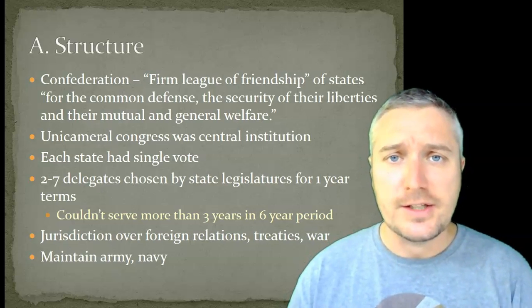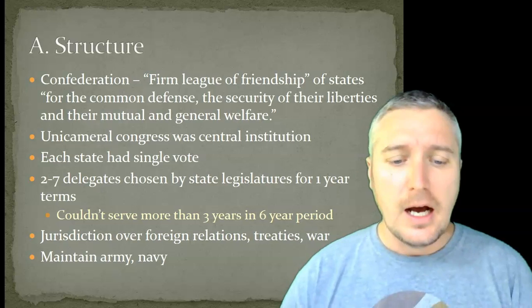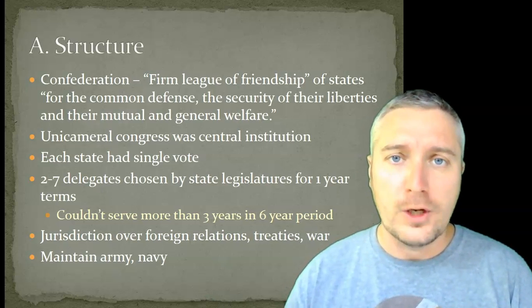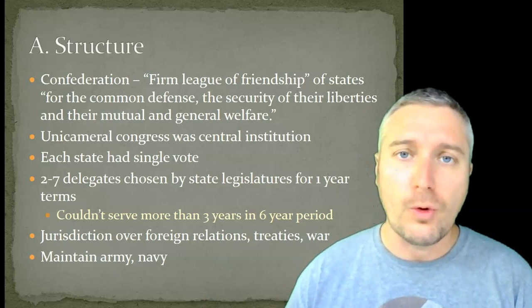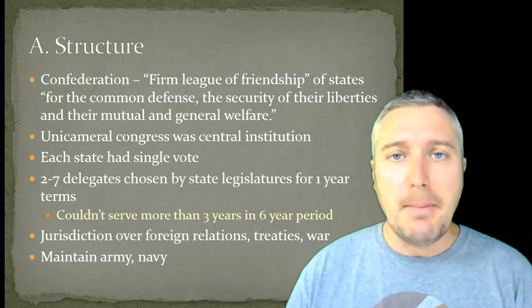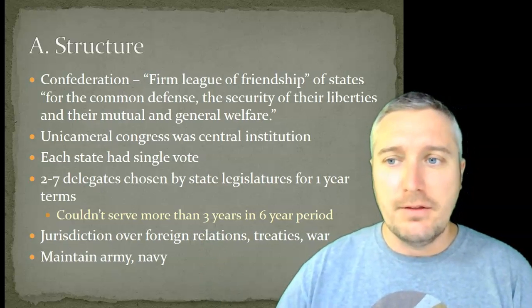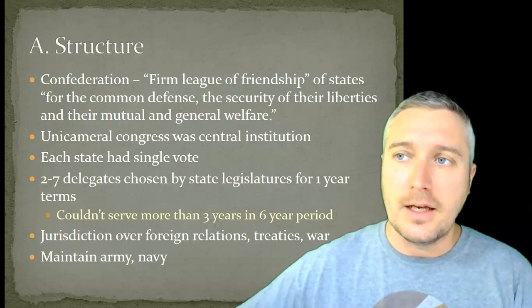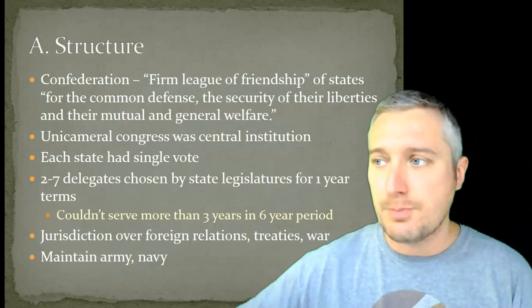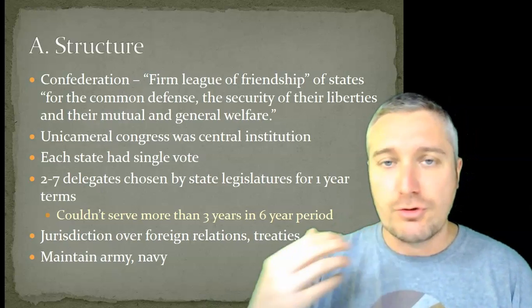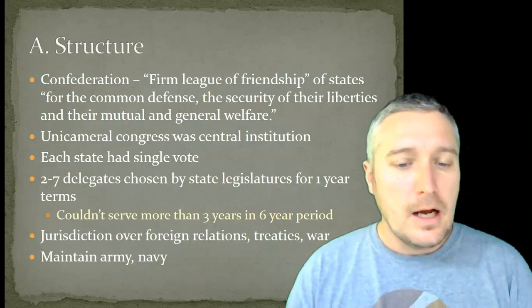The Congress itself, this unicameral Congress, would have jurisdiction over foreign relations. Remember, they're in this war with Great Britain. They do need a body that will represent this system in not only making peace with the British, but perhaps making treaty alliances with the French and just all nations.